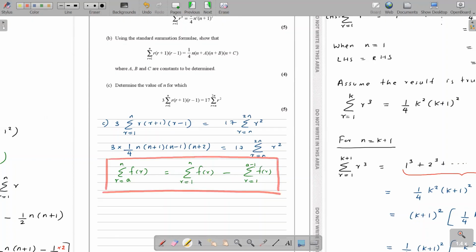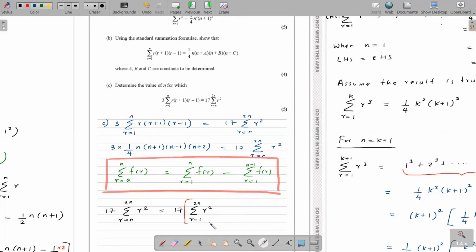Okay, so I will first take care of this part now. Shall we look into this part? I have here 17 times the summation of r square from r equals n to 2n. I'll keep the 17 out.